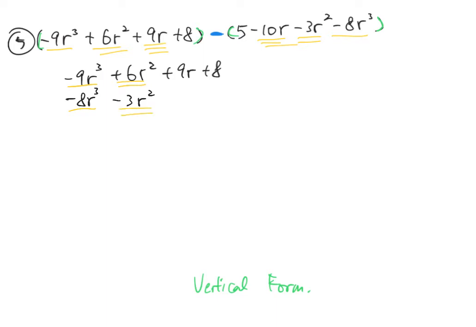Minus 10r is the third like term. And the last one, the constant. Because there is no sign for the 5, that means it is a plus. And then we copy the minus here.